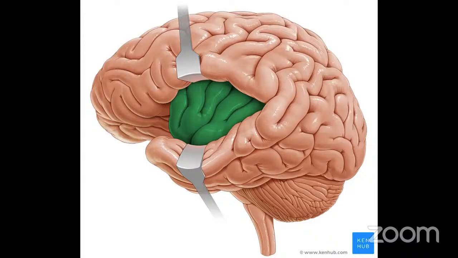For example, a stroke can involve regions closer to the insula, and this is why it is very appealing for us to know the anatomy, the outline of this structure, and how we can identify it in the scans. So we will start with the basic anatomy.